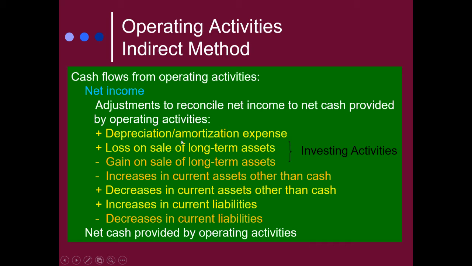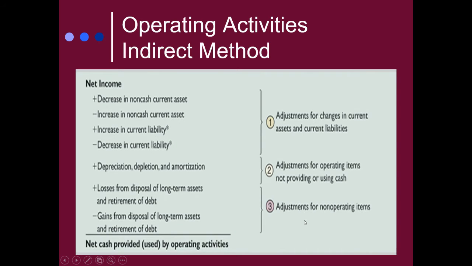These are the items, so do not leave out any of them. After you add or deduct the items from the net income, you will have the amount that you are trying to find, the net cash provided by the operating activities.